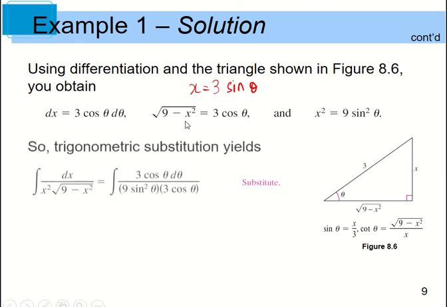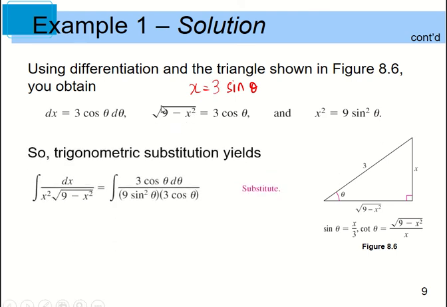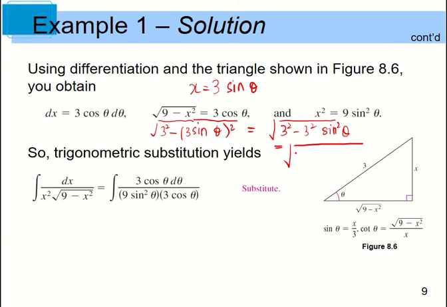Now the square root of 9 minus x squared becomes the square root of 3 square minus 3 sine square theta. Factorize out the 3 square.